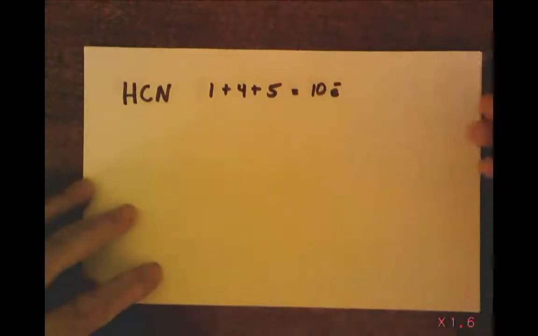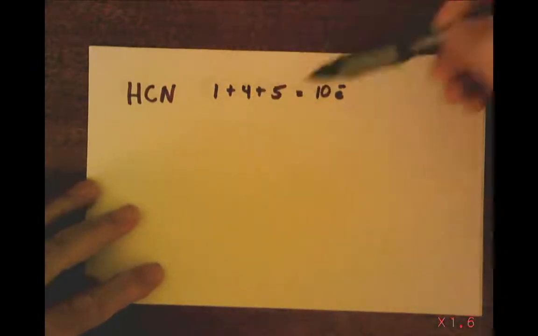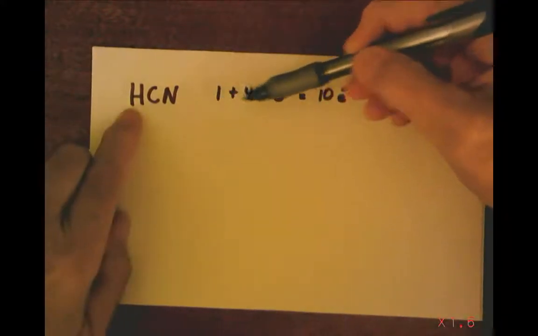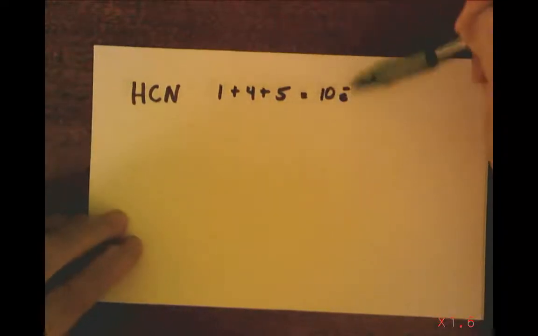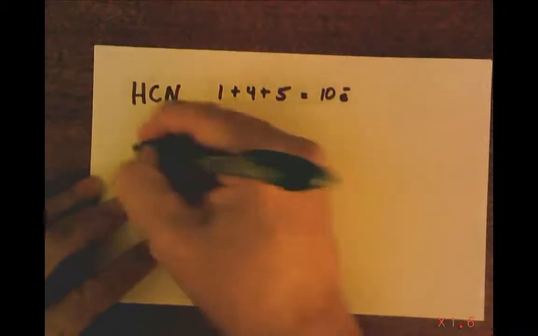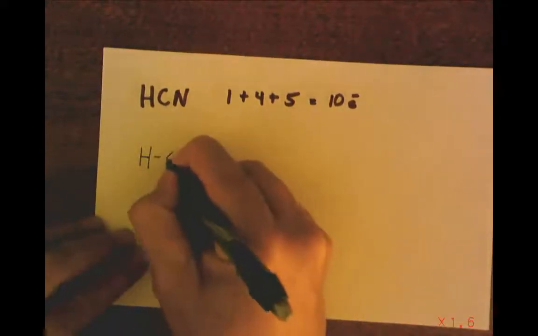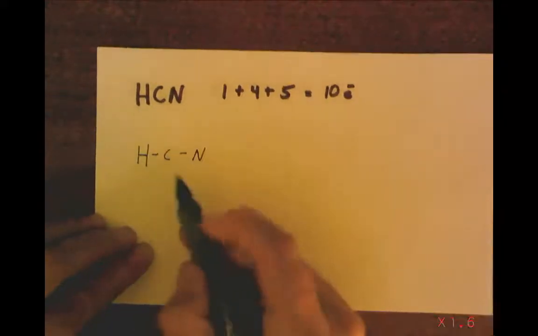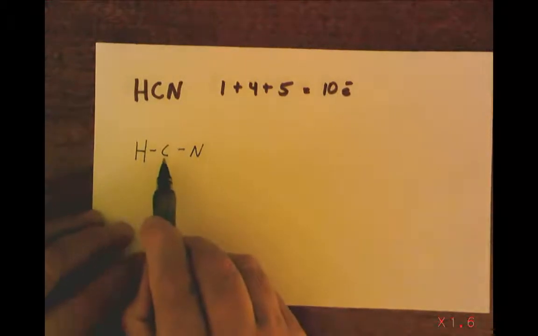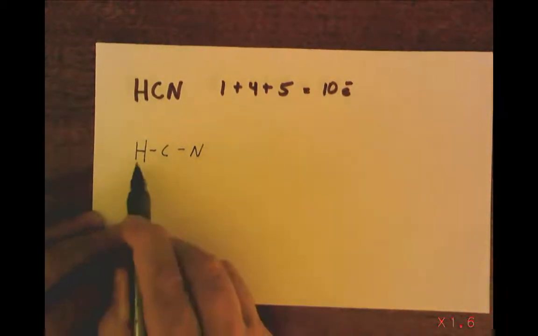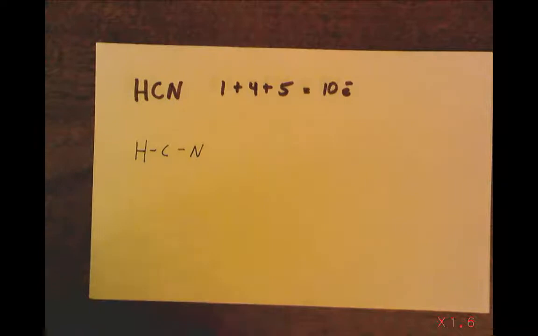Okay, so hydrogen cyanide, I'm going to draw the Lewis structure first. So I've counted 1, 4, 5, a total of 10 valence electrons. Okay, H connected to C, connected to N, the least electronegative in the center. Hydrogen can't be in the center because it can only have one shared pair.